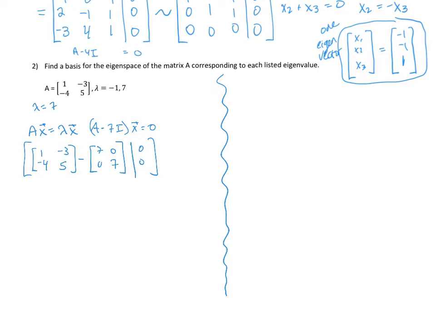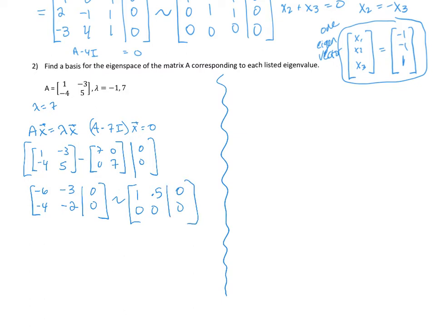Okay, so do the subtraction, and I get 1 minus 7 is -6, -3, -4, 5 minus 7 is -2. Row reduce, and you get 1, 0.5, 0, 0.